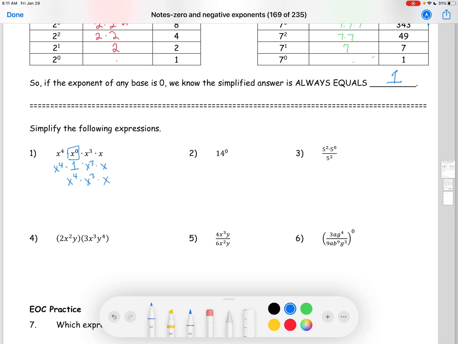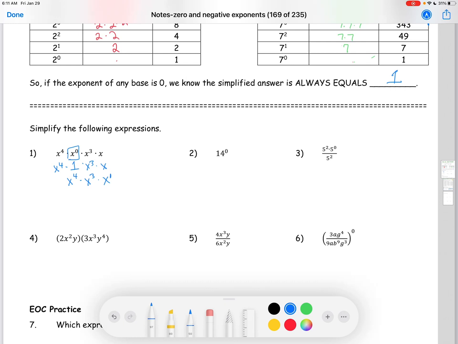But remember, x is raised to the first power. And now we can apply which rule? It's the product rule. And what does the product rule say? What can we do here with our exponents? Do we add them, multiply them, subtract them?